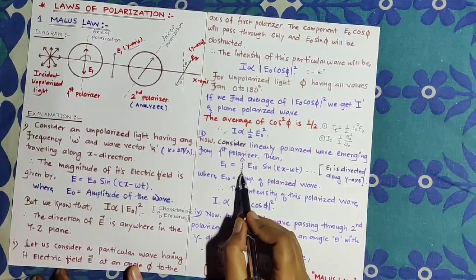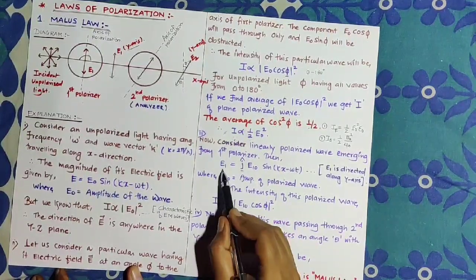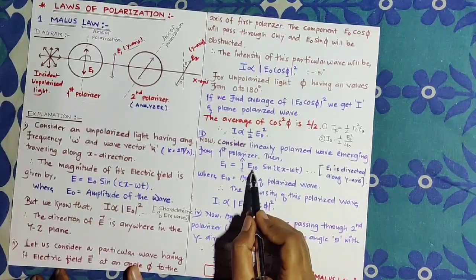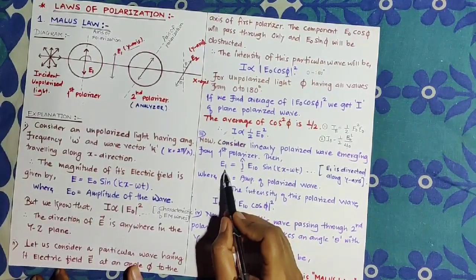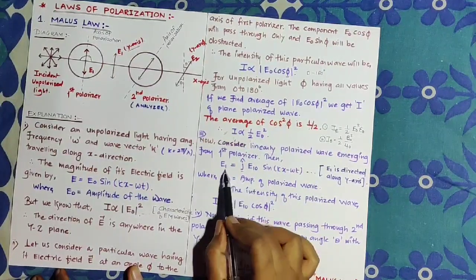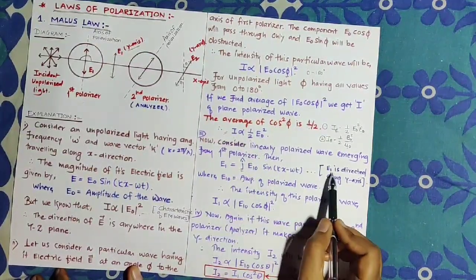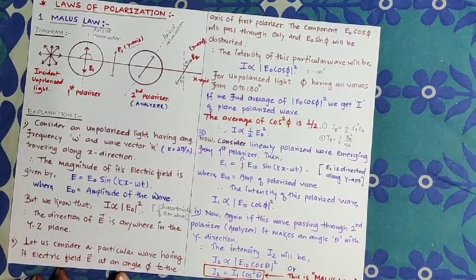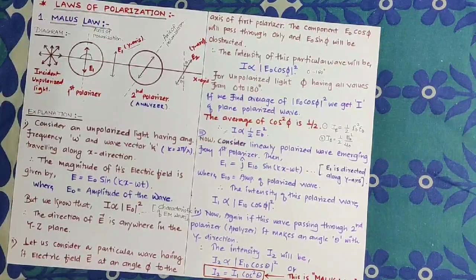This represents the particular direction of the wave. E10 is called the amplitude of this emergent wave, times sin(kx minus omega t). The reason we consider j is that E1 is directed along the y-axis and E10 is the amplitude of the polarized wave.